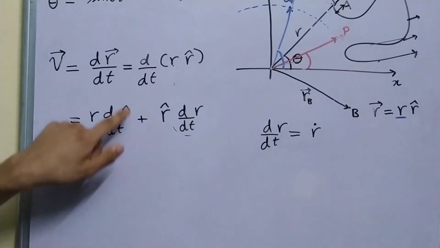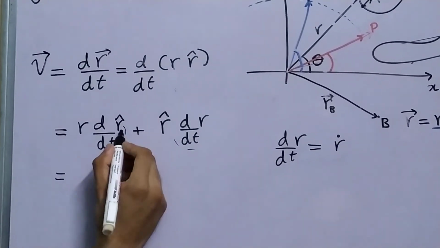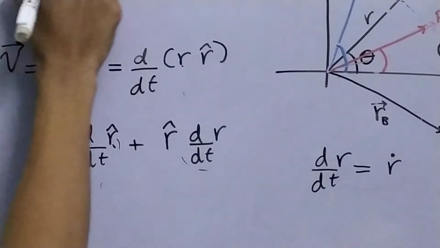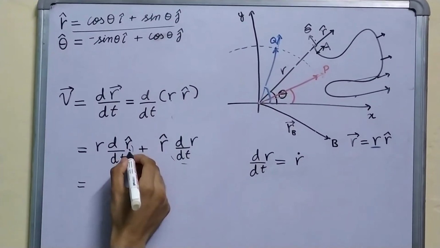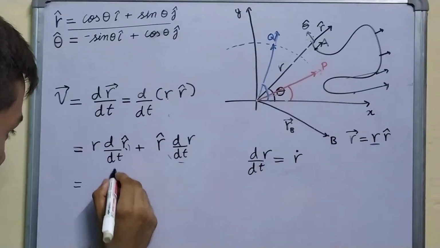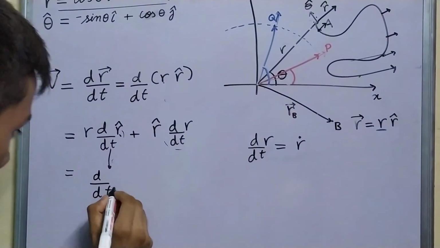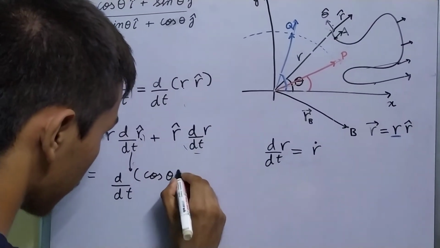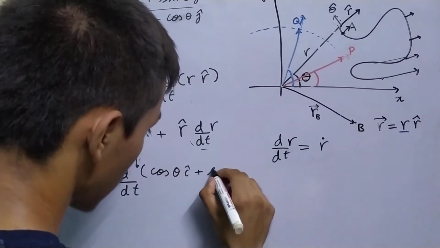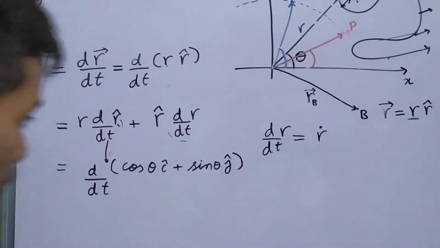And now let's differentiate this expression, d by dt of r cap. So what is r cap? I'll just use this expression and plug it into the differentiation. So we get d by dt of cos theta i cap plus sin theta j cap.